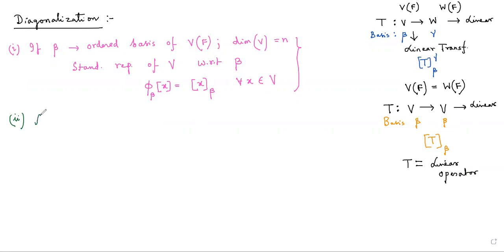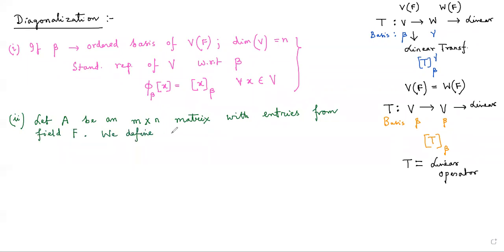Let capital A be an m by n rectangular matrix with entries from the field F. We define another mapping, denoted by LA, from the vector space Fn to the vector space Fm.